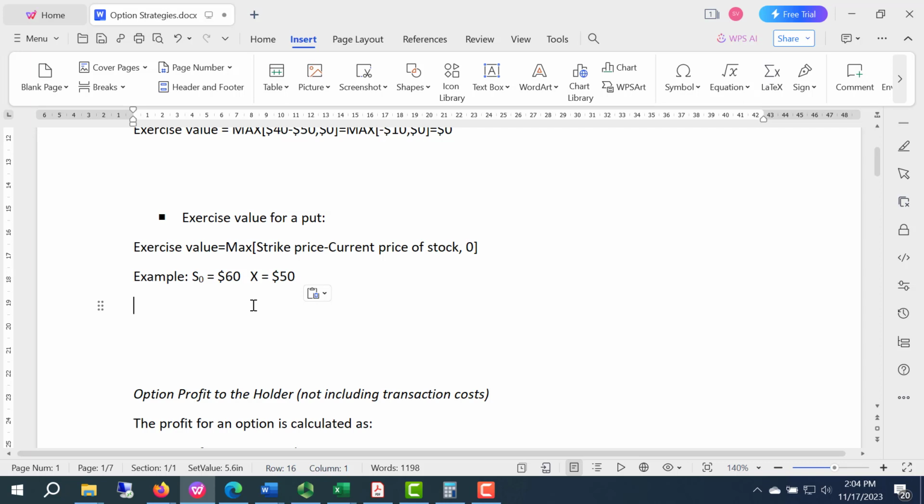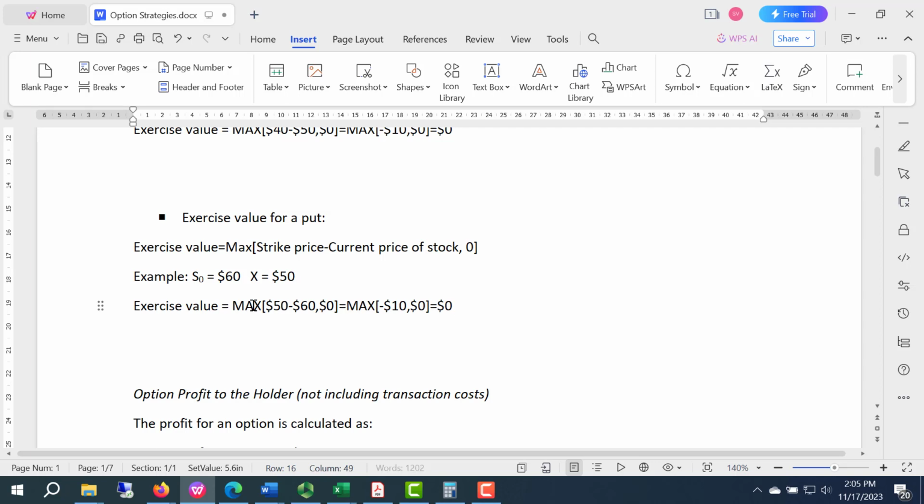And so for the first case, our exercise value would be our strike price, $50, minus $60, or $0. And so in this case, it would be the maximum of negative 10, or 0. And so we're going to choose 0 in this case because that's the highest value number there.